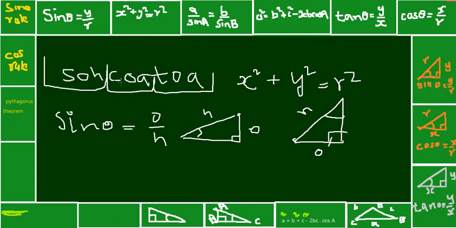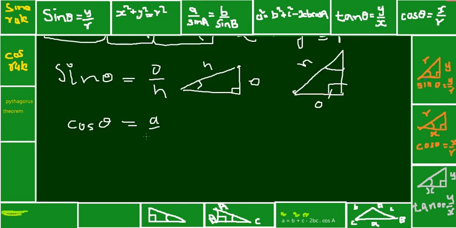This one is cos theta, so it's adjacent over hypotenuse.